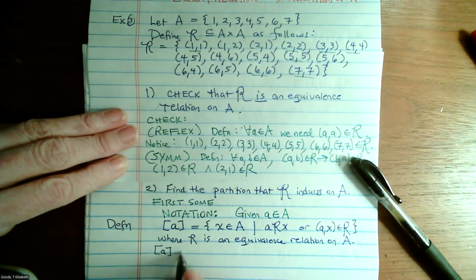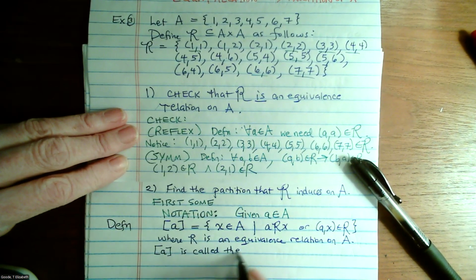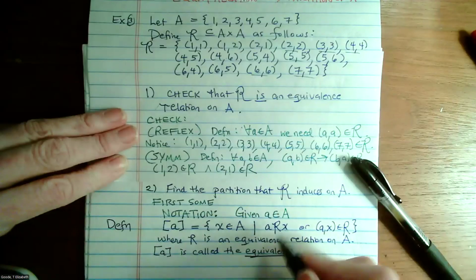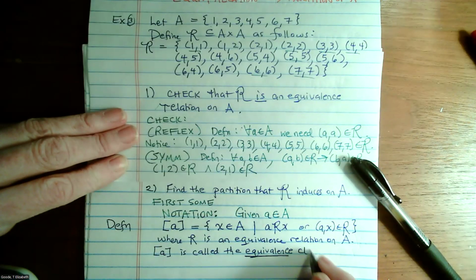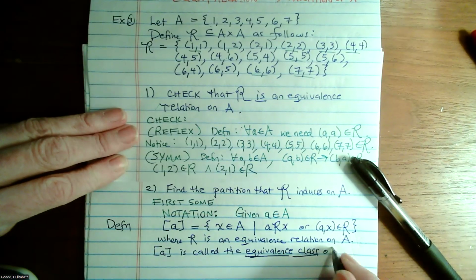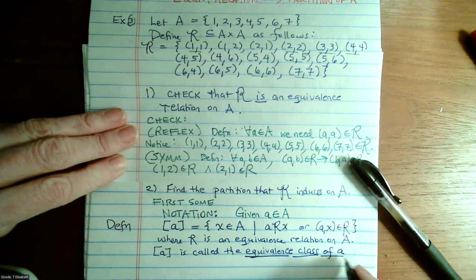Square bracket a is called the equivalence class of little a. It's the set of all the elements of A that it's curly R to.